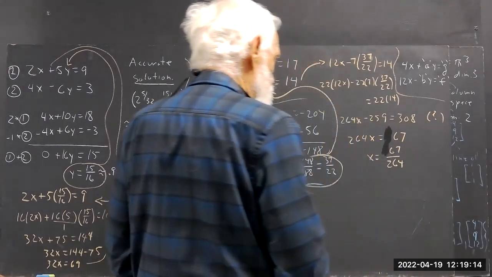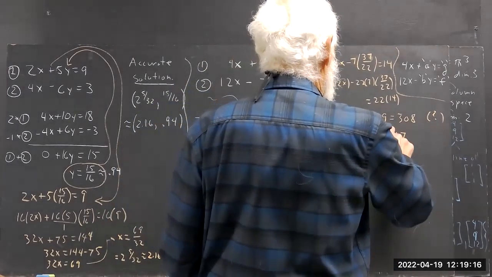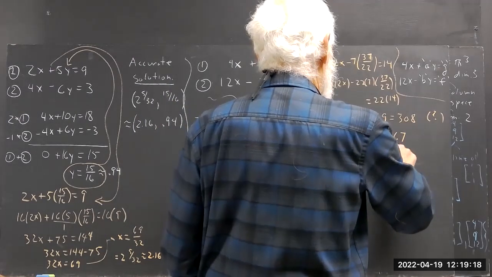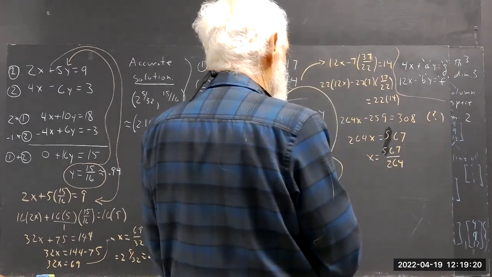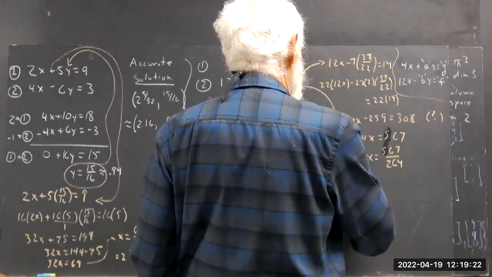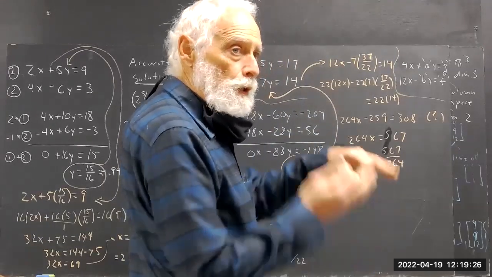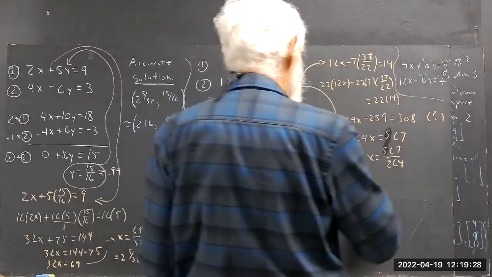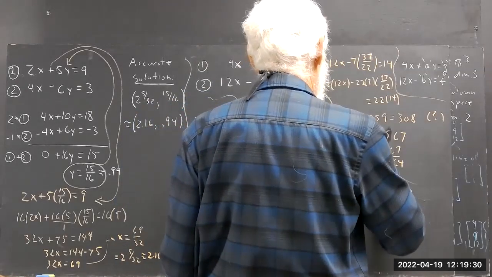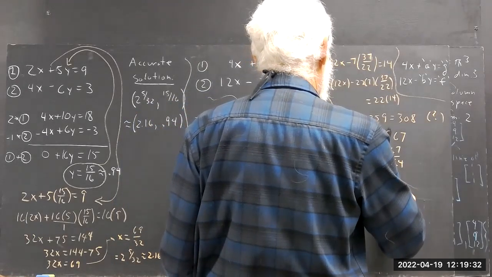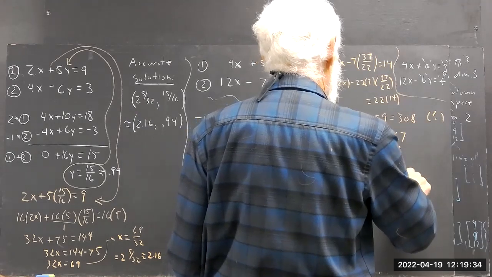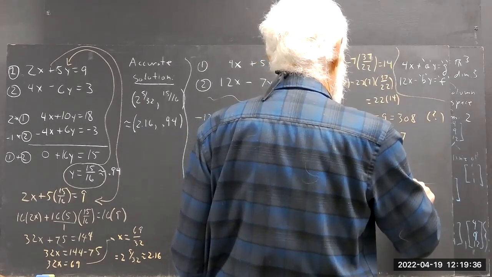So let's correct that. So now your solution, your point X, Y, where the two graphs would have crossed, would be at 37 over 22, 567 over 264.